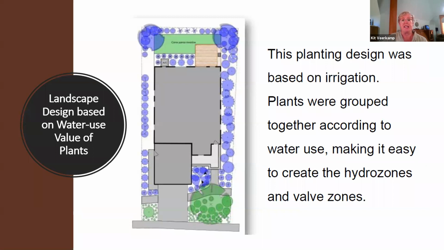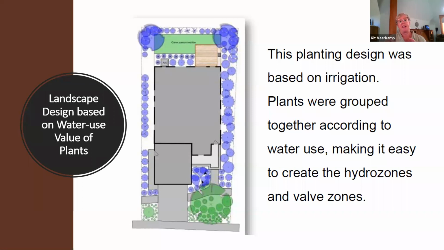So showing this again, this is a planting design based on hydrozones. And in this case, there's pretty much just two. This is a very simple home where you can see that all the plants in blue are one hydrozone, and then the ones in front in green require a little more water, and that's another separate zone in itself.